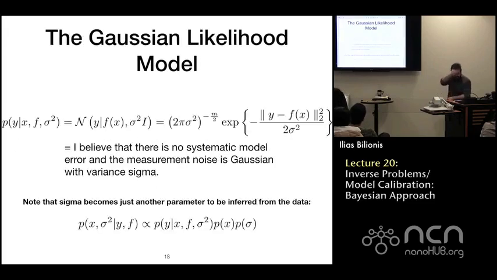All right. Of course, the most common likelihood is the Gaussian likelihood, which basically tells you that the measurement comes from your model, but it is disturbed by Gaussian noise. So it's the model f of x plus some Gaussian noise, and it's really the density of the Gaussian likelihood.